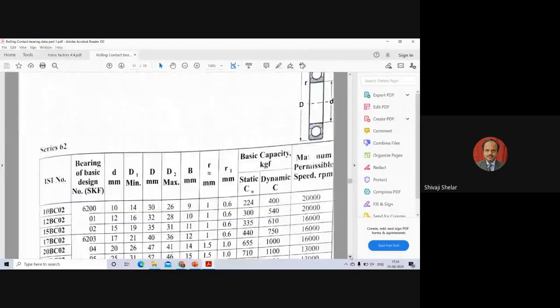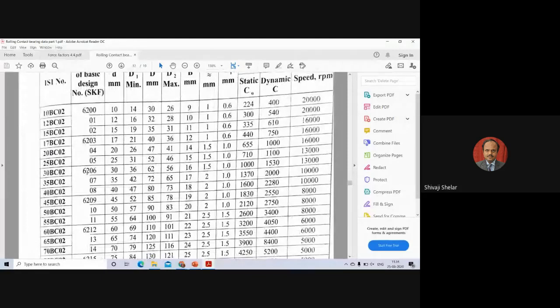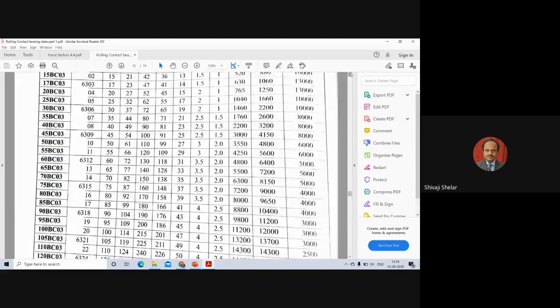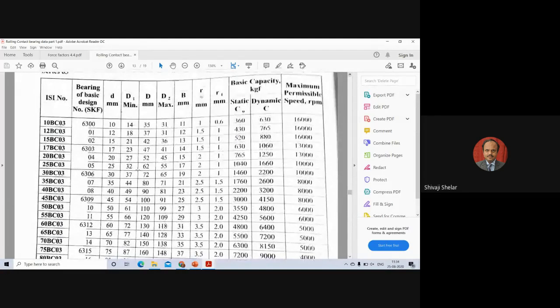In the 62 series, 6212, this is around 4050, multiply by 10, so it comes to 40,000. Still my requirement of 50,000 is not satisfied. Then we go to the next table, the 63 series. For 6312, this value is 6400. Multiply by 10, and this value in Newton is 64,000.